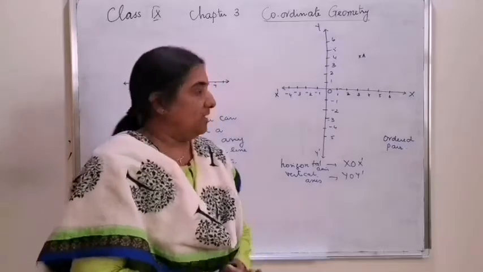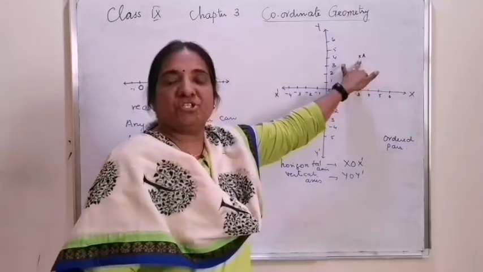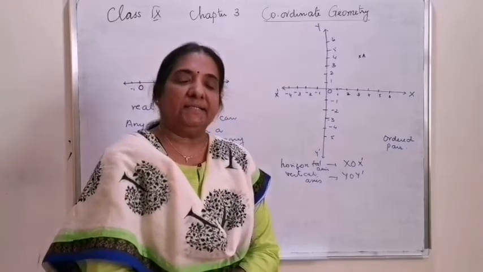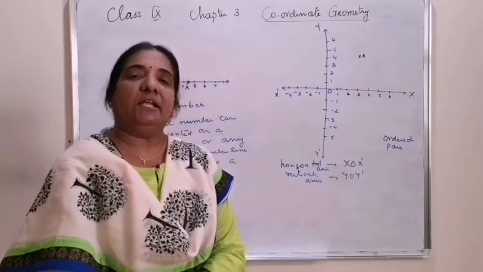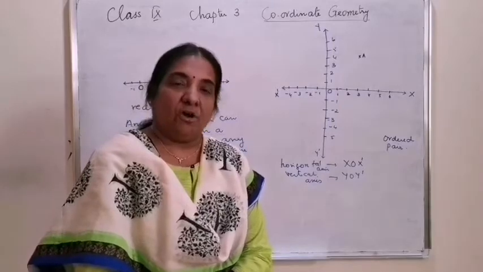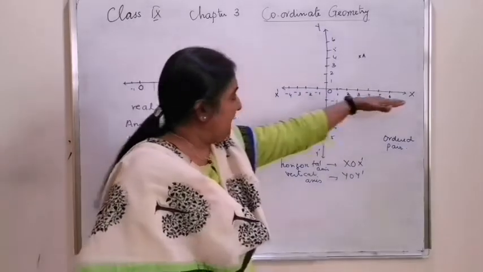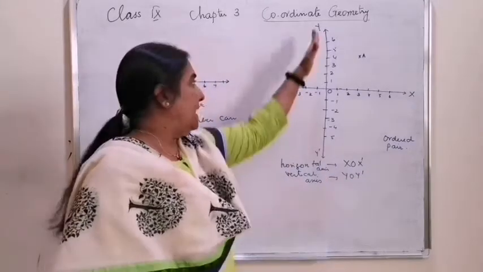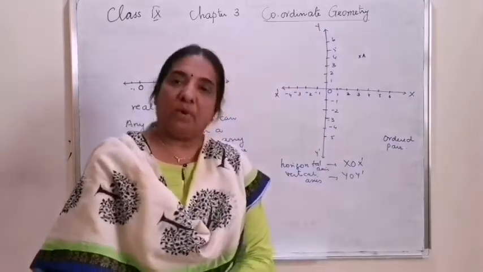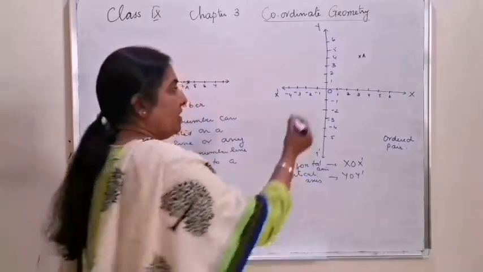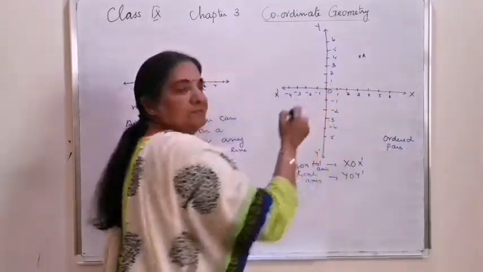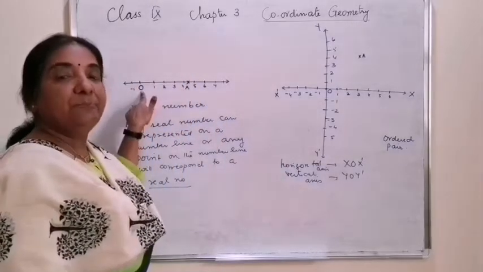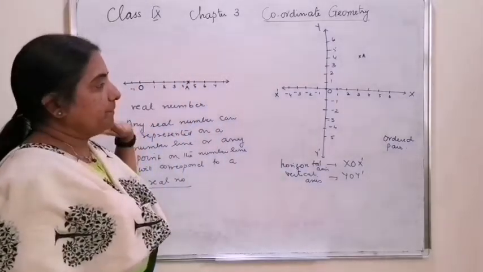Thus, if you want to fix a position for a point in a plane, we should consider two perpendicular number lines. We call them the horizontal axis x o x dash and the vertical axis y o y dash, where o represents the origin, or the 0 we used to plot in the number line.